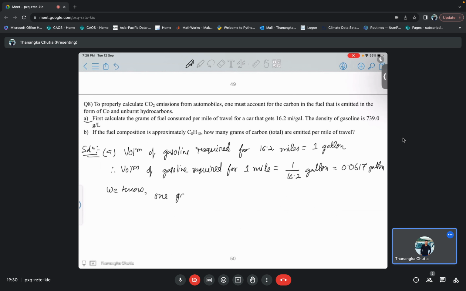Okay, now we know 1 gallon is equal to 3.79 liters.